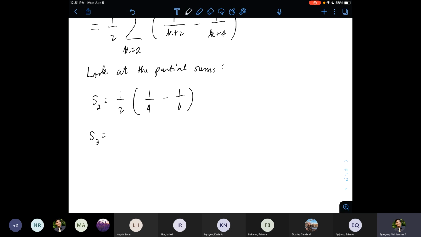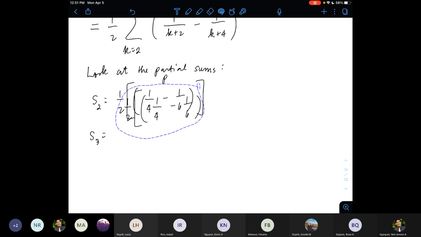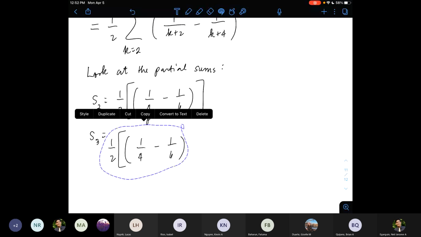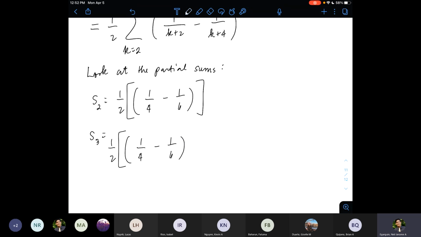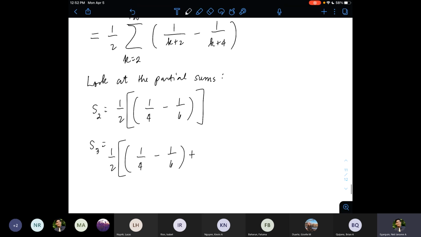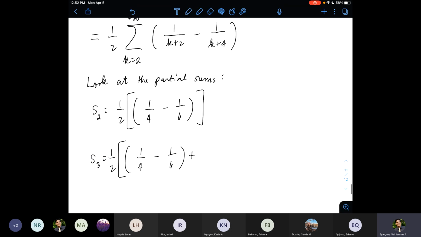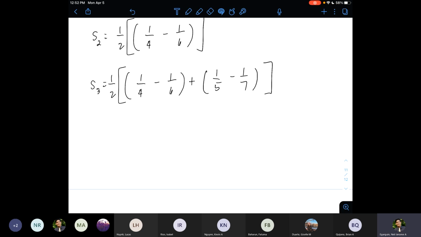Then I'll take S3. S3 will be this guy, plus the thing that I'll get if I plug in k equals 3. So when k is equal to 3, I'll get 1/5 minus 1/7. And then I'll take the next partial sum.